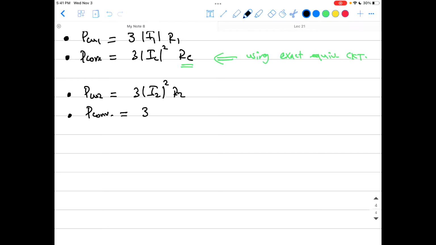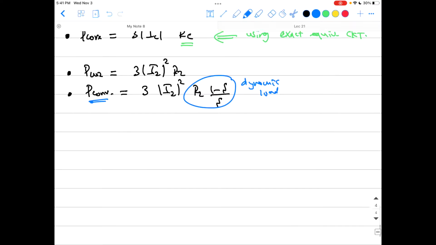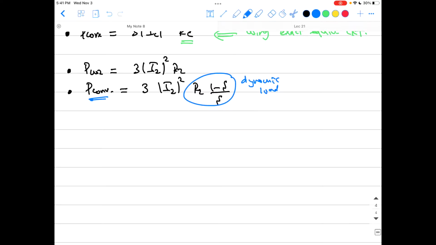So it is 3 I2 as a magnitude squared, R2 times 1 minus S over S. So R2 times 1 minus S over S is your dynamic load. The power in this dynamic load is the power that is converted from electrical to mechanical. Okay, guys?